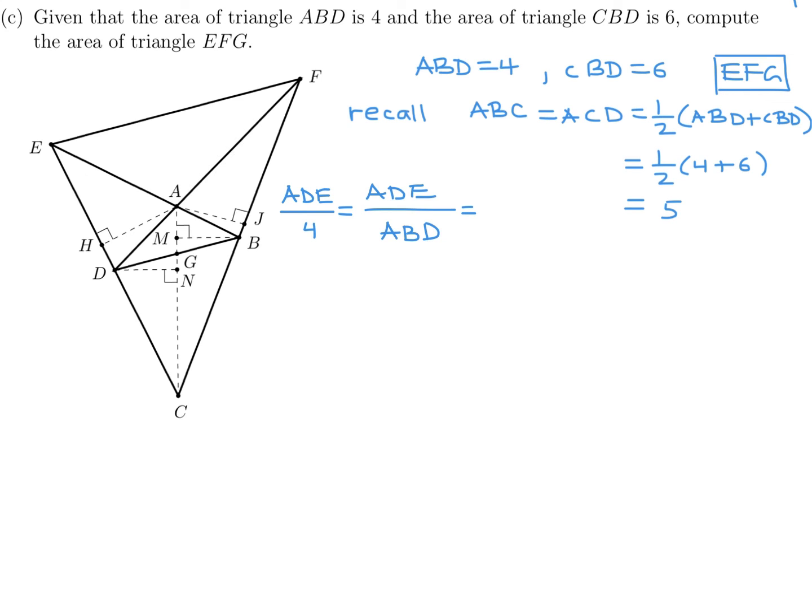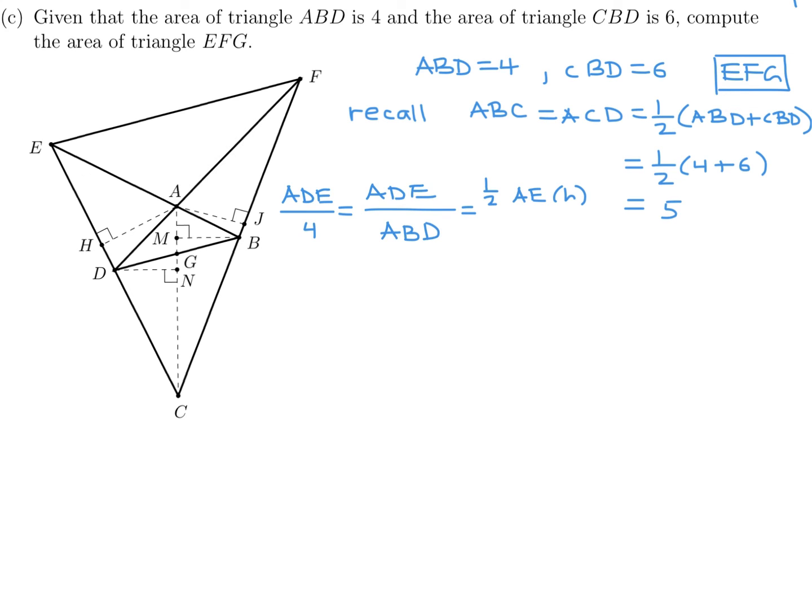But this part is what? 1/2 base times height. So 1/2 ADE. I can use AE as the base this time, and I'm going to use a height that's different.